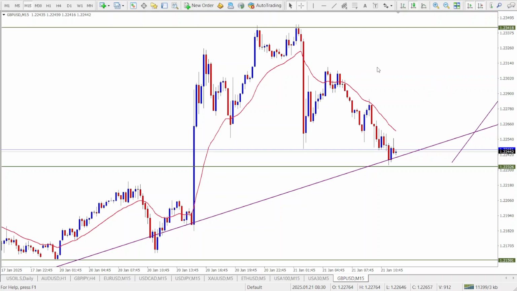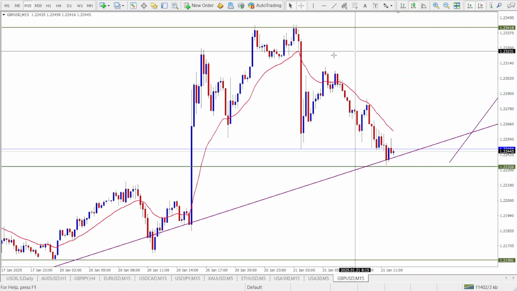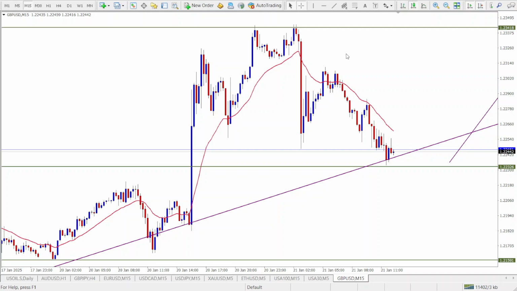When you've identified that level, for example, let's say I want to set an alert here, you can just right click on that level where you want to set your alert, and then you go to trading. When you go to trading, you can see where the option to set an alert is. You can then set the respective alert that you want.